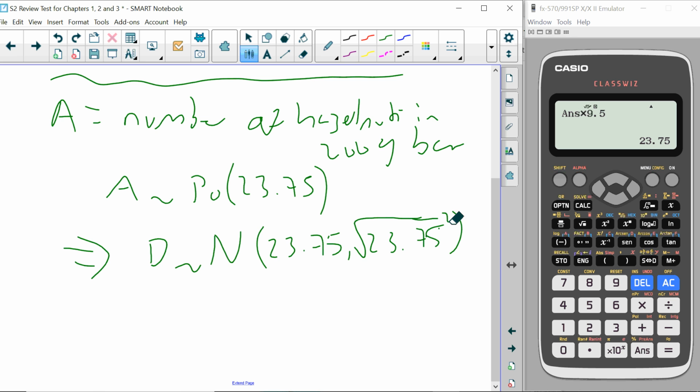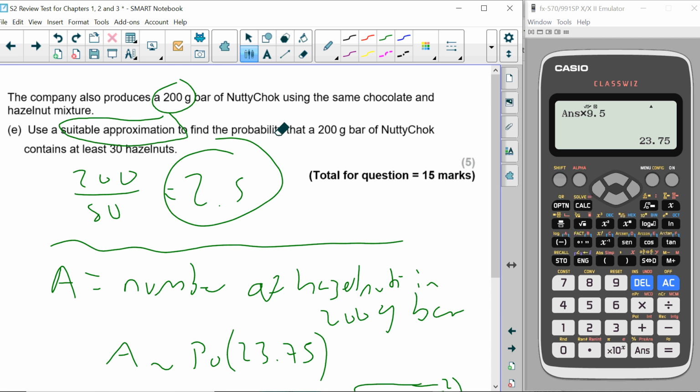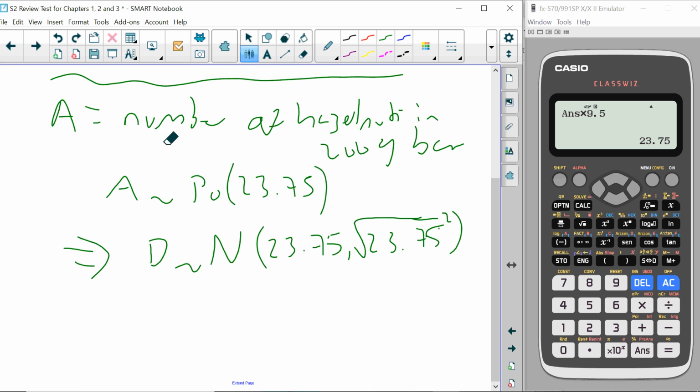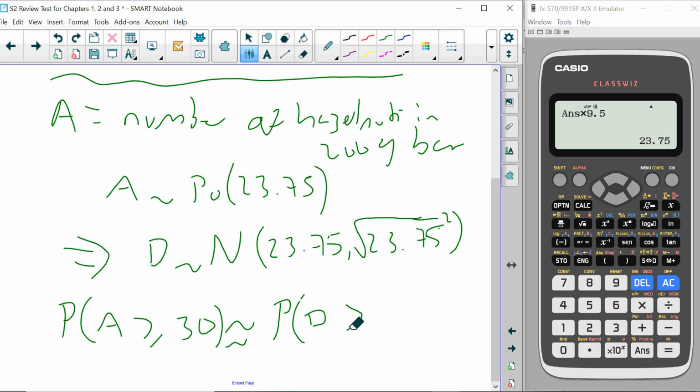Okay. Now the question was, find the probability that a 200-gram bar has at least 30 hazelnuts. We're working out the probability that A is greater than or equal to 30, because it was at least. So when I approximate that, I need to apply the continuity correction. I'm going to look at the probability that D is going to be greater than, because we don't have or equal to when it comes to continuous distributions.